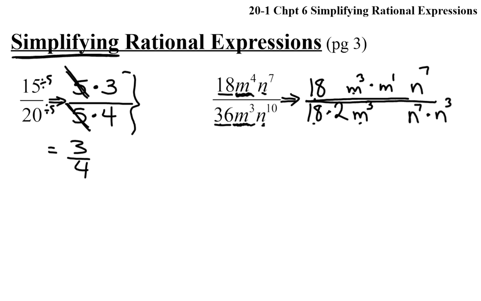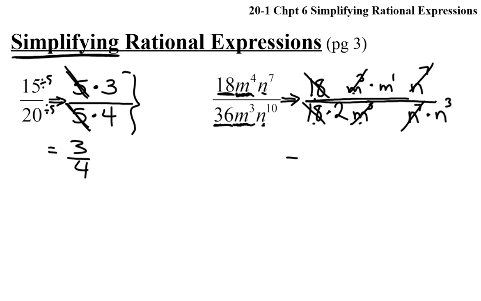So do you have to show all these steps? No, but I'm showing you why it works. 18 and 36 reduced by 18 because that's the biggest factor they both have. m^4 and m^3 can both cancel out by an m^3 because that's the biggest factor they both have. And n^7 and n^10 can both be reduced by an n^7 because that's the biggest factor they both have.